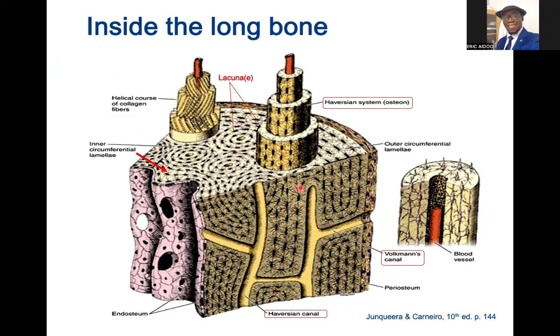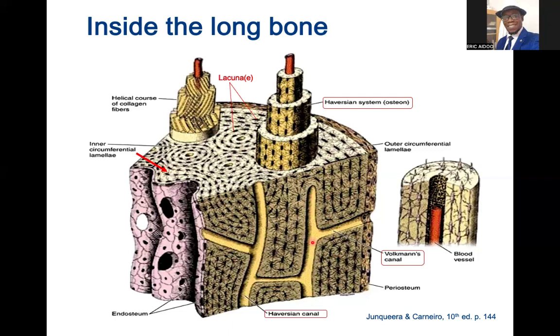When we look at it from the periphery, that will be the periosteum, just like we had perichondrium for the cartilage. You have periosteum for the bone, the outermost portion. Then as you move within, you have the osteon with the lamellae. That is one lamella, that's another one, and another one.